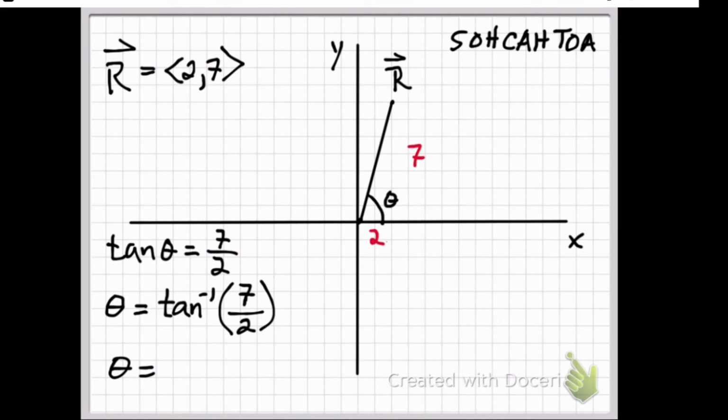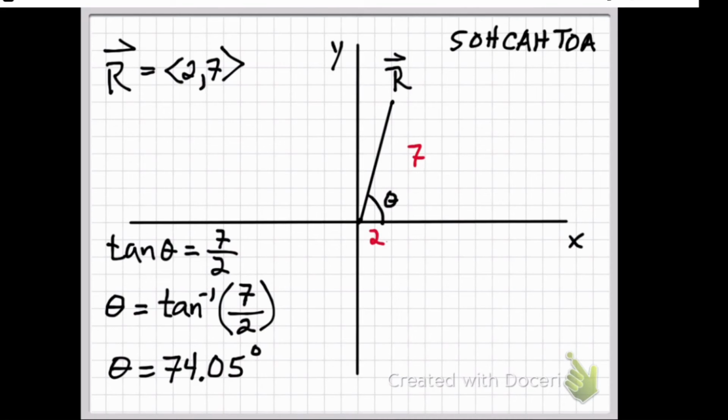It's going to be the inverse tangent of 7 divided by 2, and I'll hit enter, and I get 74.05 degrees, we'll call it. So that's the angle, or in other words, the direction in which the resultant vector is pointing.